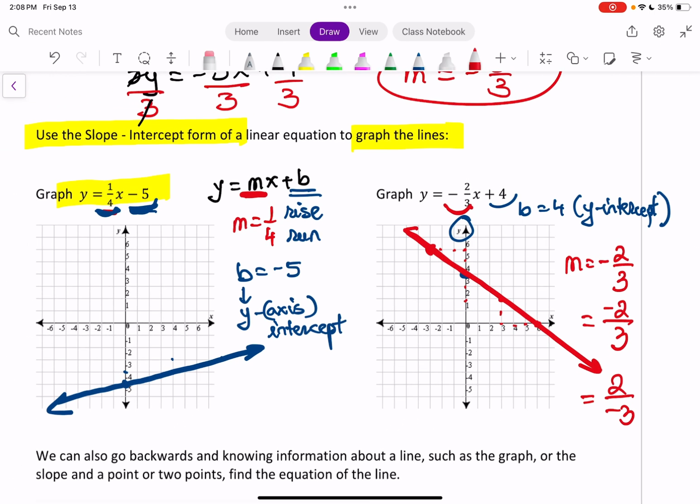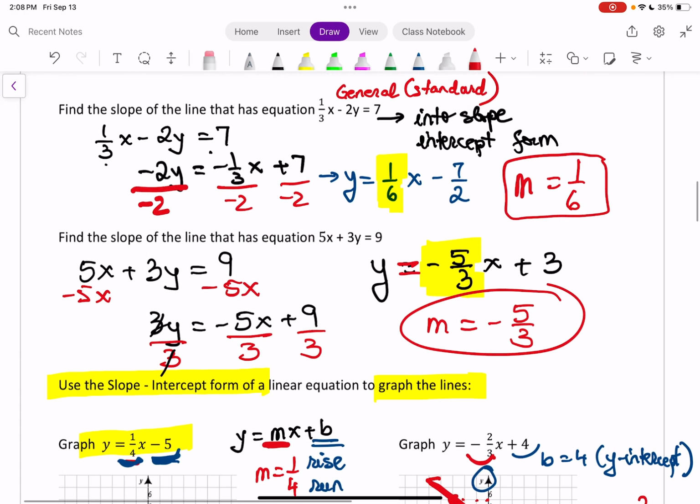Okay. So we can use this slope-intercept form for great reasons. We can draw the line without actually having any points. We can look at the equation and immediately know what the slope is without, again, having to pick 2 points to subtract.